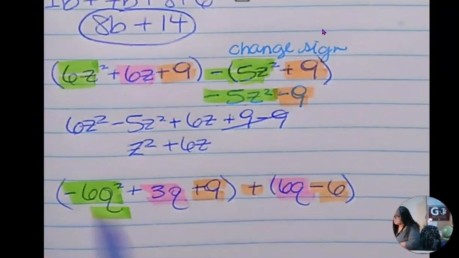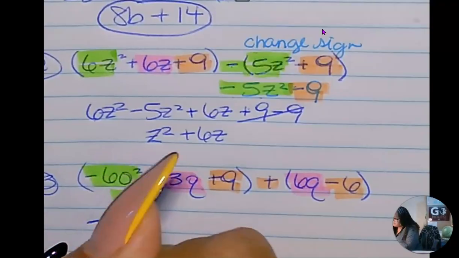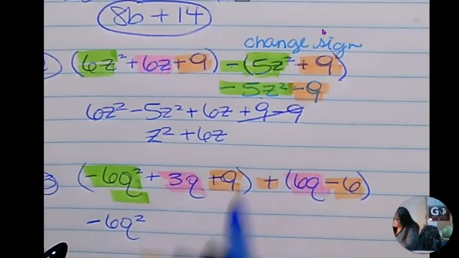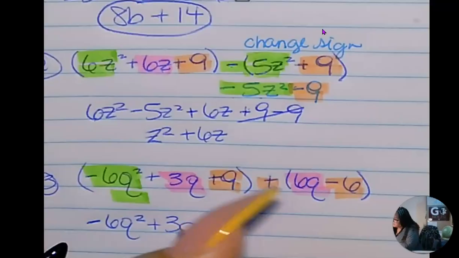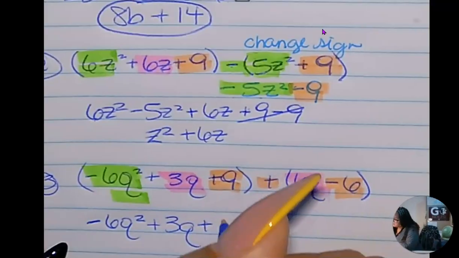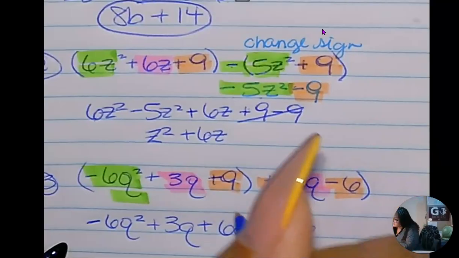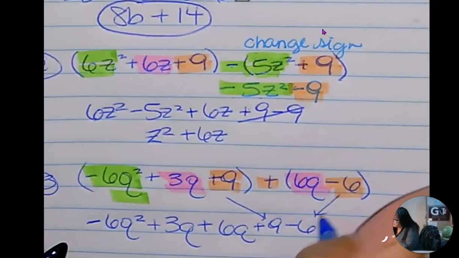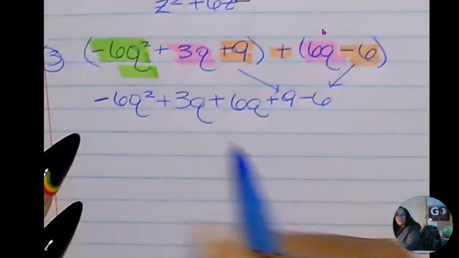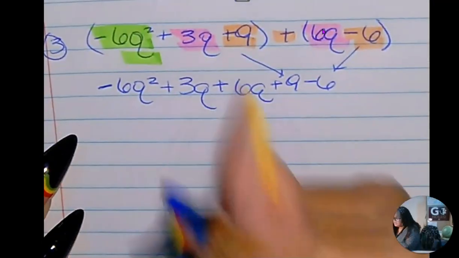So let's put them all together. The negative 6q squared stays because it doesn't have anybody to be combined with. Then we have 3q plus 6q plus 9 minus 6. So everything comes down. Then we'll combine like terms.